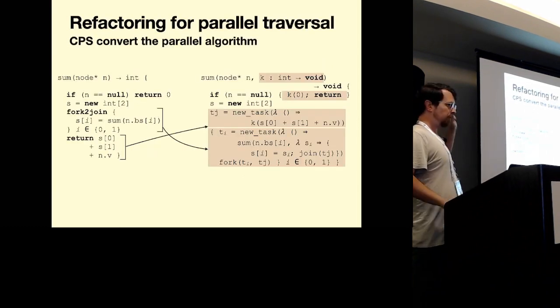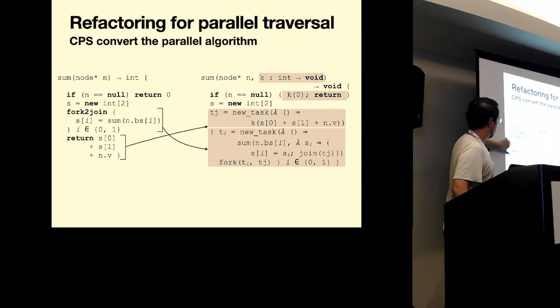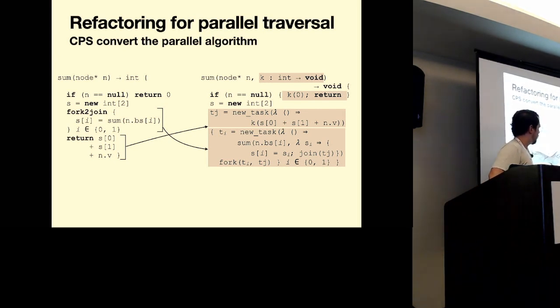Okay, so now let's return to our example. We have this example written in terms of fork join. Our transform is going to take the fork point and give us something like this, which introduces a new child task for each of the two recursive calls.